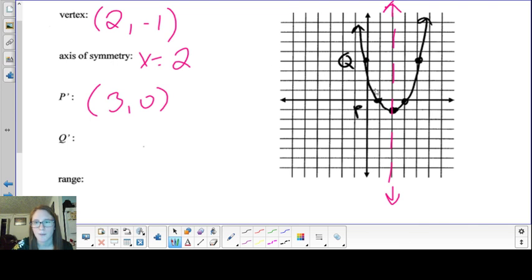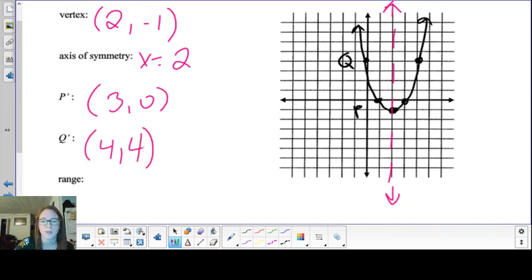If Q is up here at 0, 4, Q prime is going to be over here at 4, 4.